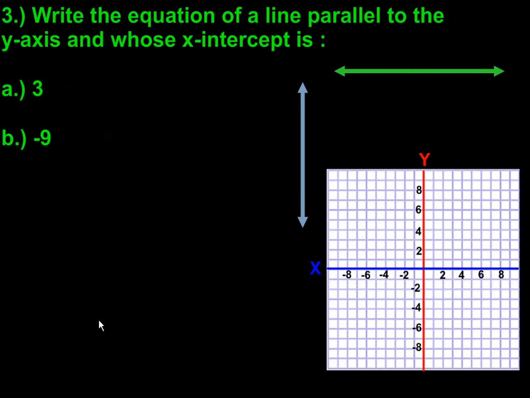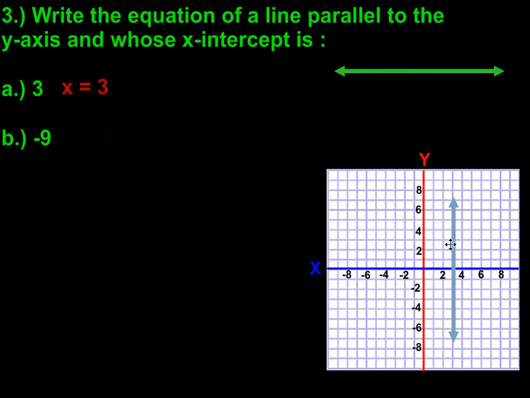Take a look at number 3. Now we're doing an x-intercept, which means that the x is the fixed value and the y is the one that can change. So we need to show x as a 3. And if we take this and pull it over, we can put x on 3. And this line is going to run through 3. And the y values are going to change, but x has to remain equal to 3.